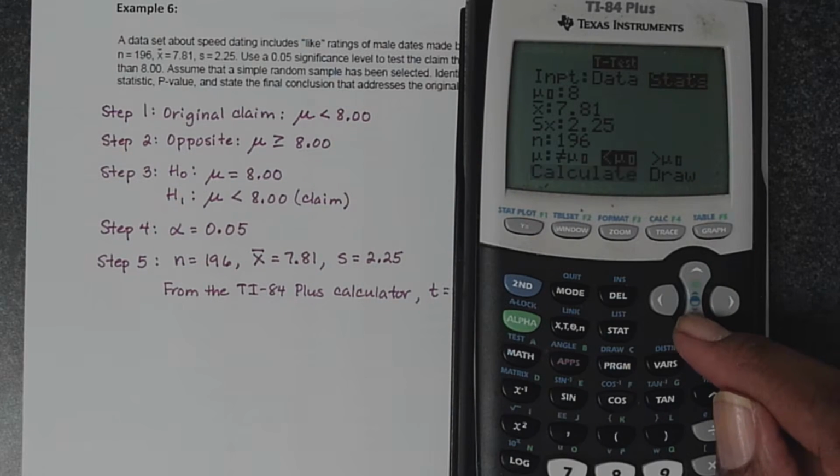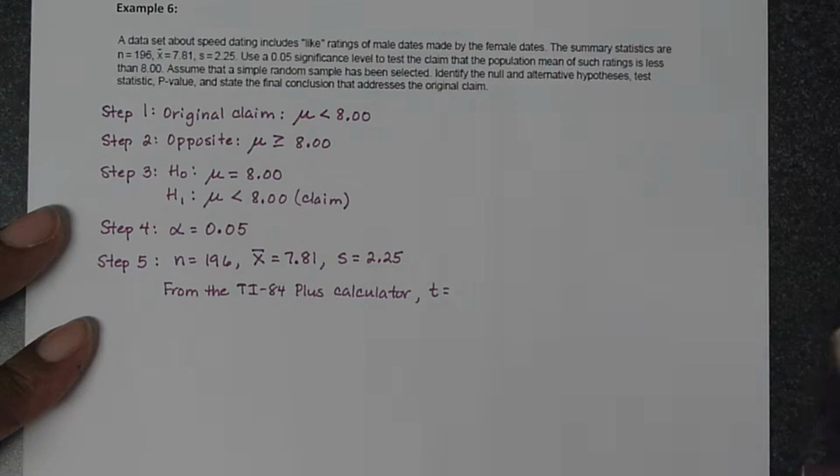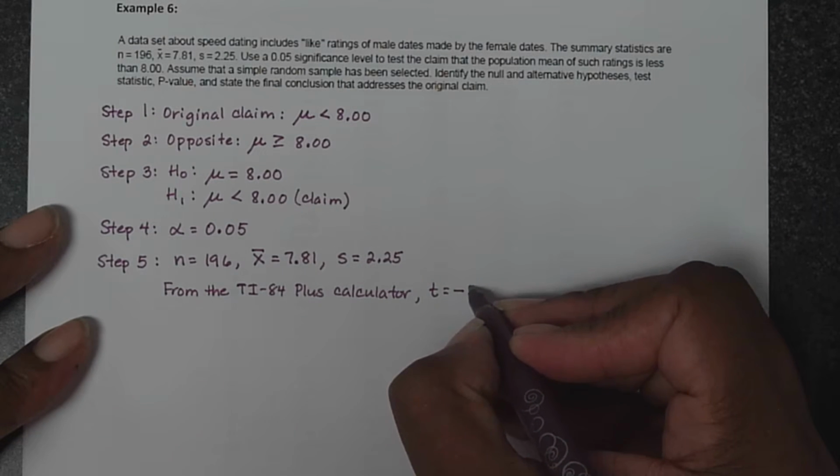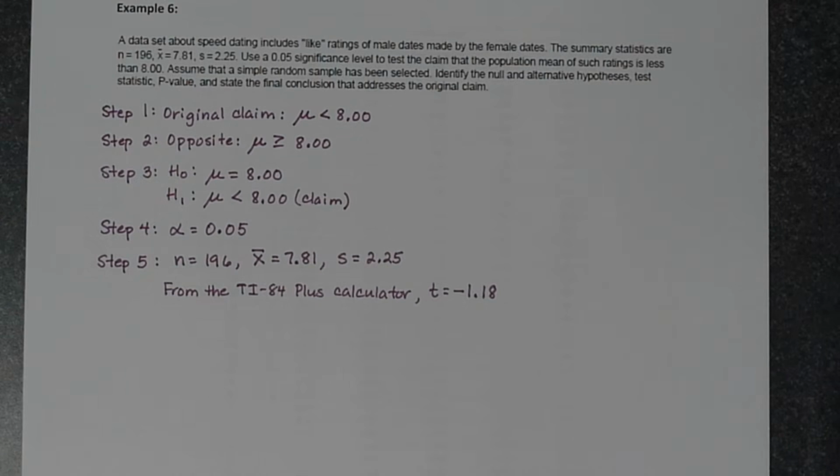Then use the down arrow key to go to calculate, and press enter. And you see what your t-test statistic is for this sample data, which to 2 decimal places is negative 1.18. That's your t-test statistic, negative 1.18.